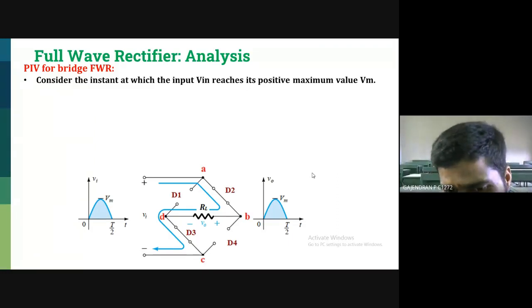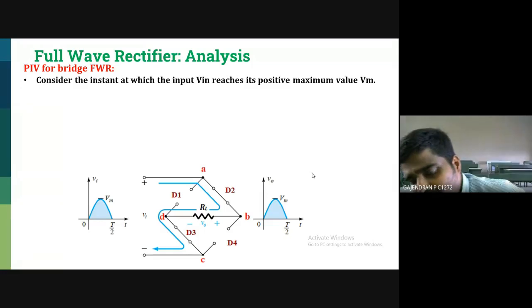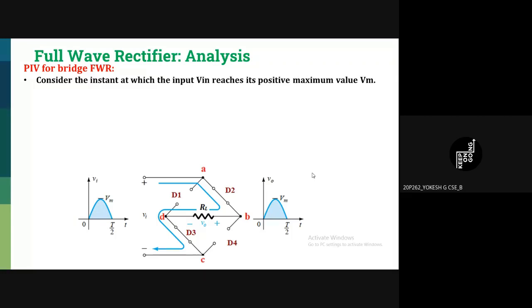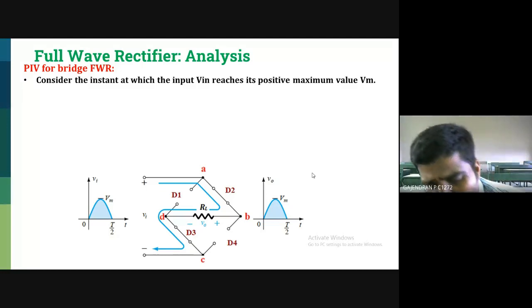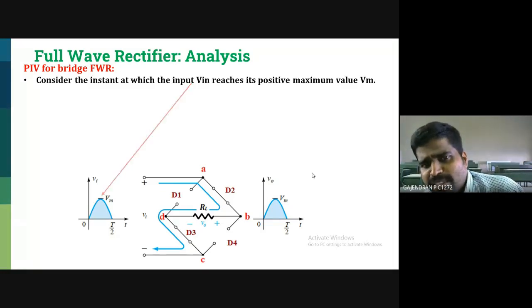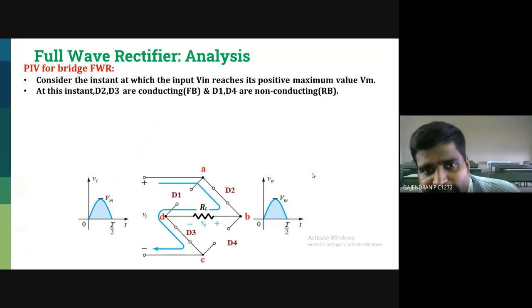Any guess from your side? What may be the voltage across my diodes? 2 Vm. This is input voltage. Which diodes are not conducting? D1 and D4 are not conducting.